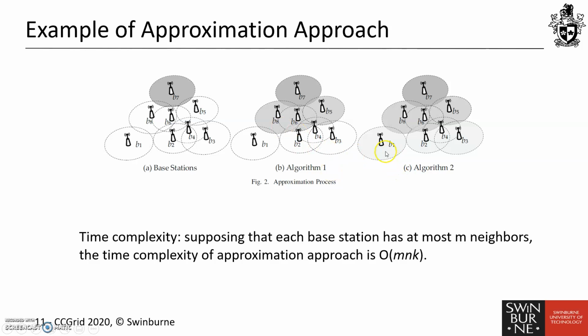If not, we will use the algorithm to find more base stations to deploy the edge servers. Based on these procedures, the time complexity of this approximation can be analyzed as follows. We suppose each base station has at most m neighbor base stations, then its time complexity is here.